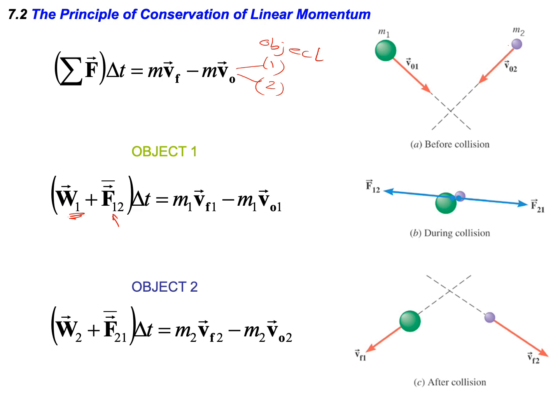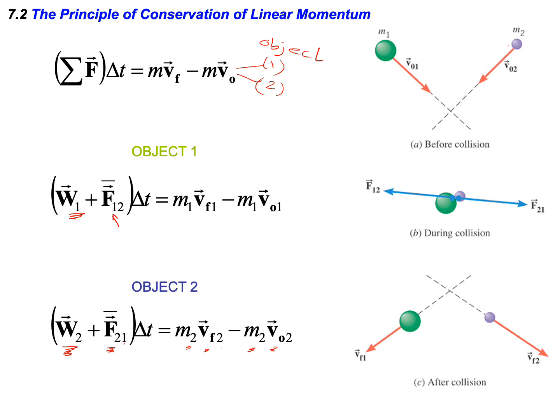Similarly, I can write a similar equation: the external forces on object 2, plus the force on object 2 by object 1, equals the mass of object 2 times the final velocity of object 2, minus the mass of object 2 times the initial velocity of object 2.